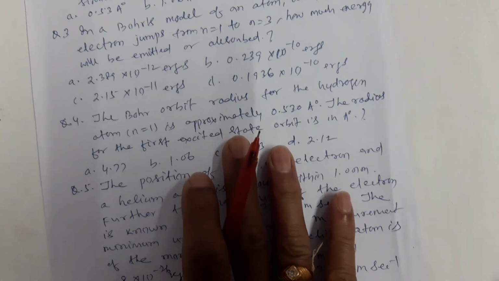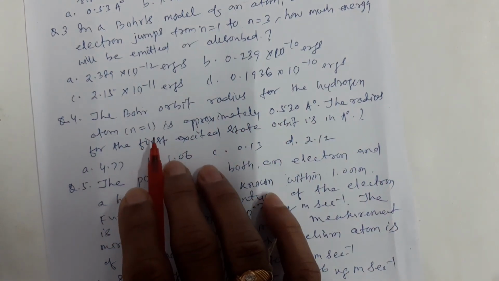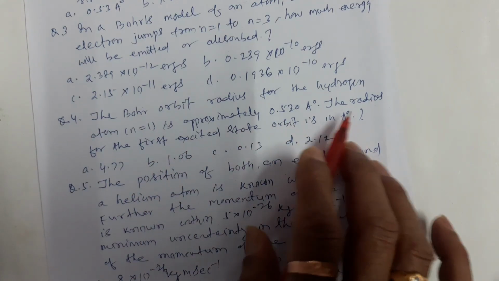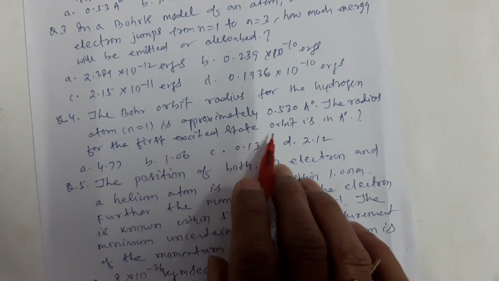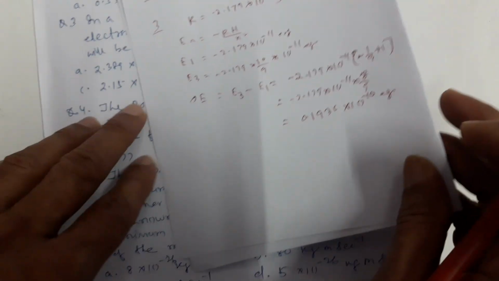Okay, students, next. In Bohr's orbit, the radius for the hydrogen atom with n equal to 1 is approximately this much. The radius for the first excited state orbit in angstrom is what? Okay, question number 4.